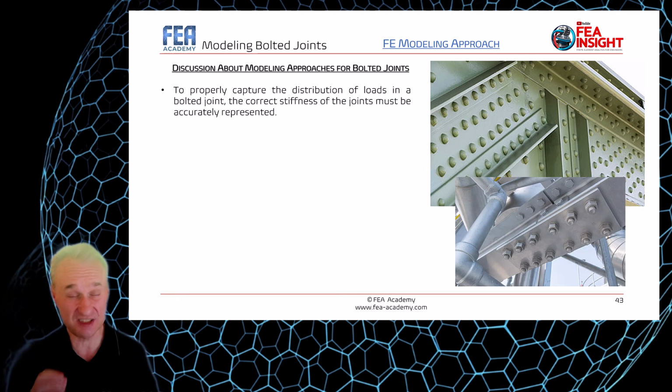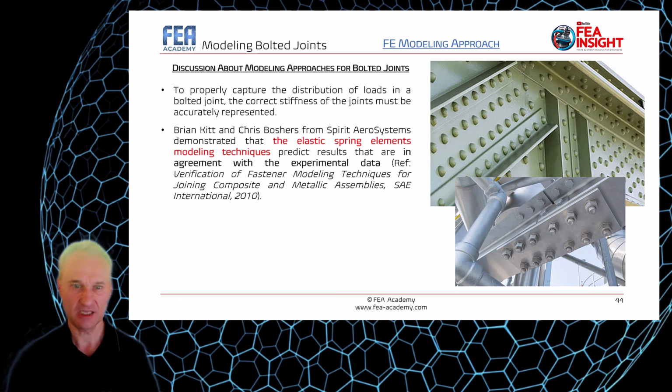It is the key point here: the correct stiffness of the joints. Brian Kitt and Chris Boschers from Spirit AeroSystems demonstrated that the elastic spring elements modeling techniques predict results that are in agreement with the experimental data.